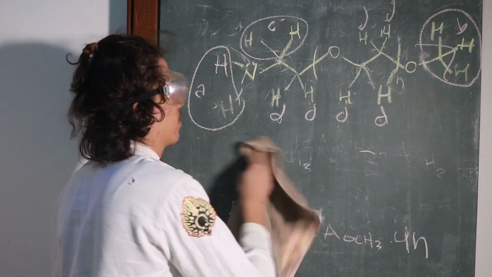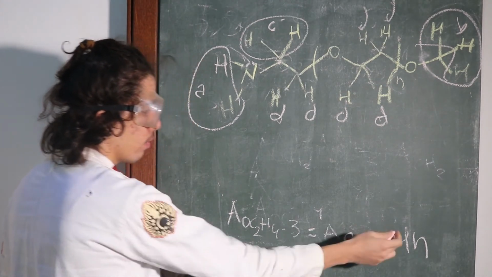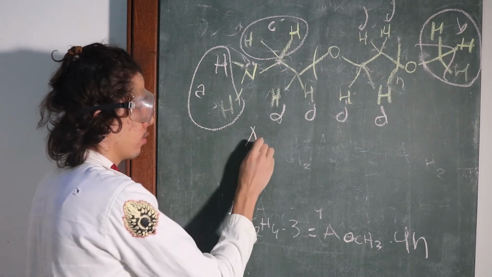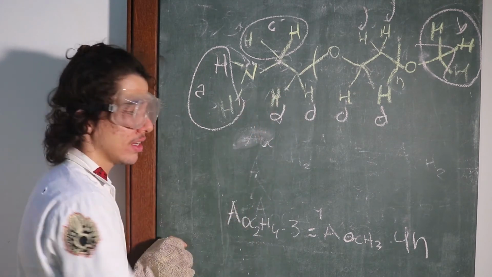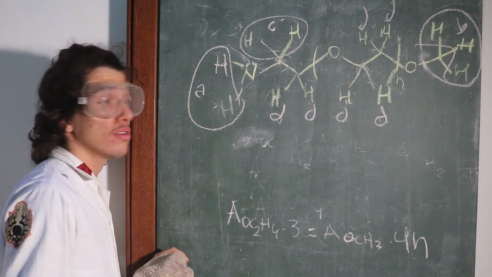And then just clean it up, and we can work by isolating this one. I'm sorry, we need to isolate the n, because we want to know the degree of polymerization.